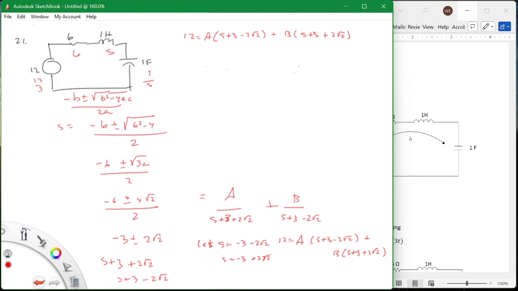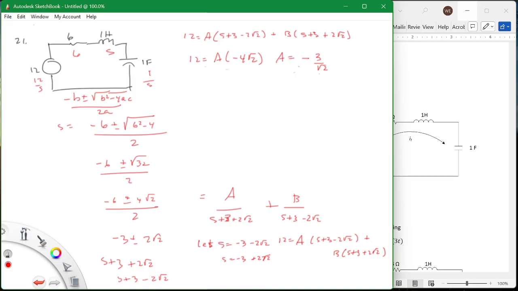So this basically drops out everything. So we get, if we do this first one, 12 is equal to A times, the 3's go away, and it's equal to minus 4 square root of 2. So whatever that is, that's equal to what? A is equal to minus 3 over square root of 2.